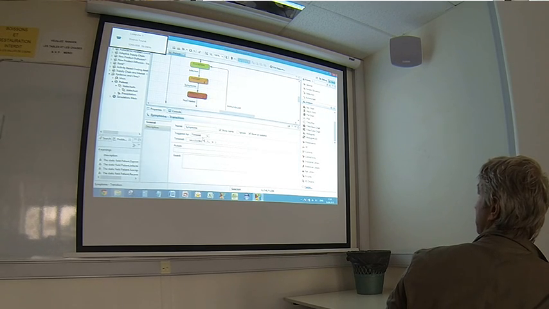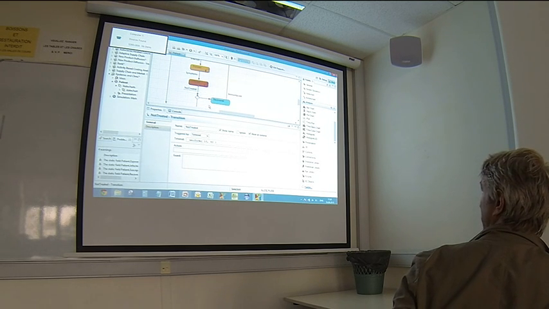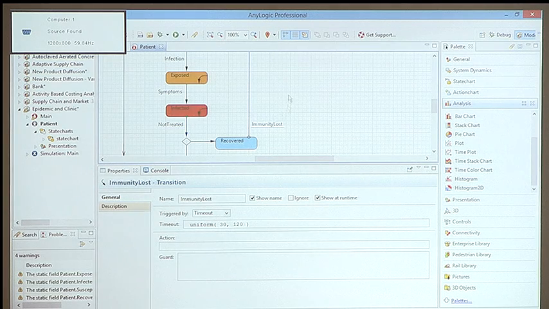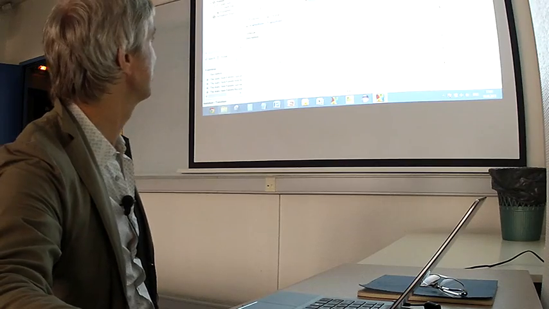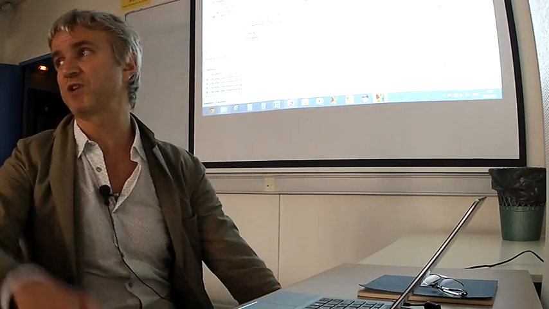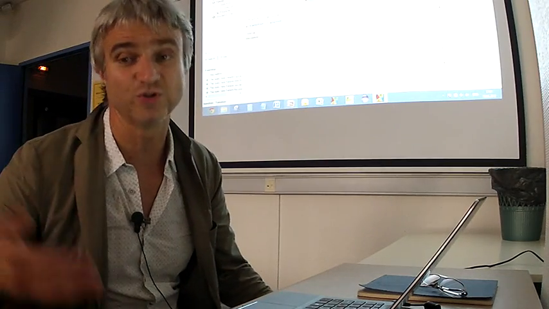Here, timeout: the person spends a certain time in the exposed state and then exits. Again timeout. And again timeout. Here, this transition is periodically executed at a certain rate. Rate means exponential inter-arrival time, an exponentially distributed timeout, so to say.